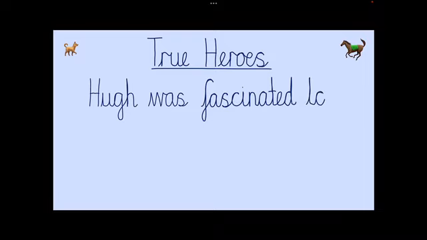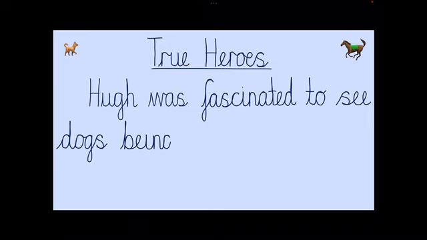To see, an E for each eye. Dogs being trained.